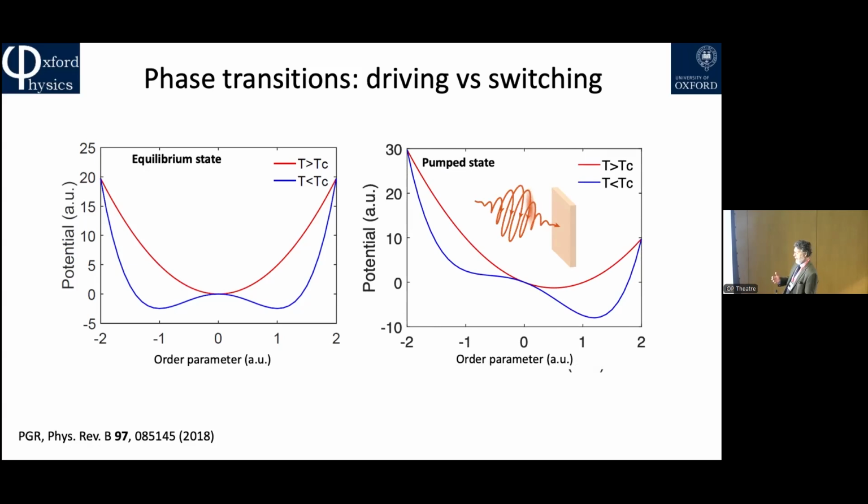So in principle, you can change the order parameter in the highly symmetric phase away from zero, to create a non-zero value of your order parameter, whatever that might be. Or if you are in a low temperature phase, to switch between two different states. Right? So depending on the direction you're pumping, you can switch between two different states.